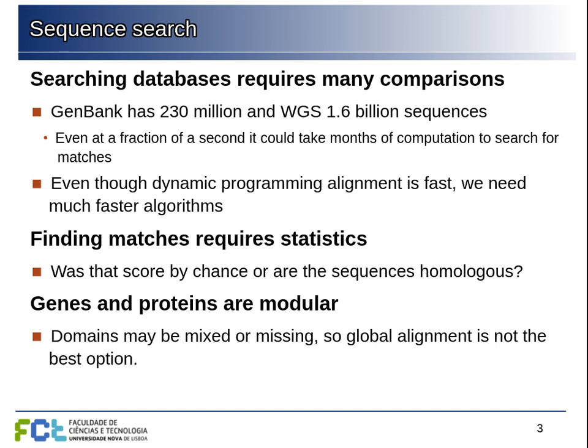This is mostly because proteins, and so genes too, are modular in nature. Proteins fold in well-organized domains, but one protein chain can have several domains, and it can share specific domains with other proteins. So local alignment is best for sequence search.